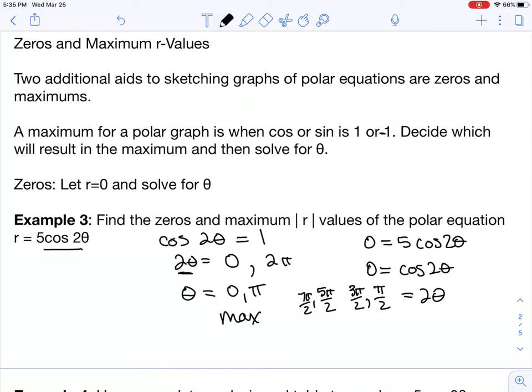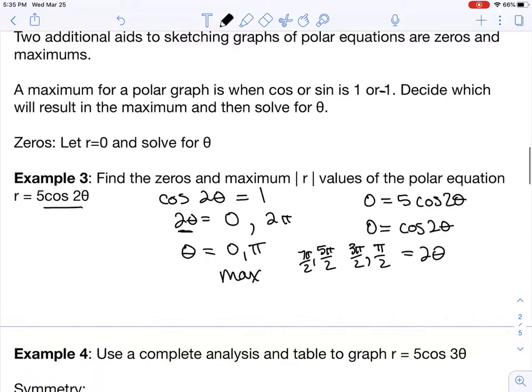So remember, we have to go twice. Instead of 0 to 2 pi, we have to go 0 to 4 pi. Then divide by 2, so we get 7 pi over 4, 5 pi over 4, 3 pi over 4, and pi over 4 as our 4 angles that will produce a 0 for r. All right.